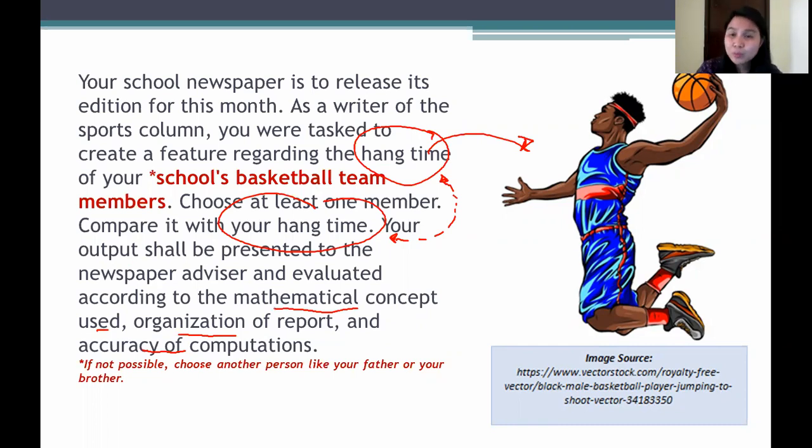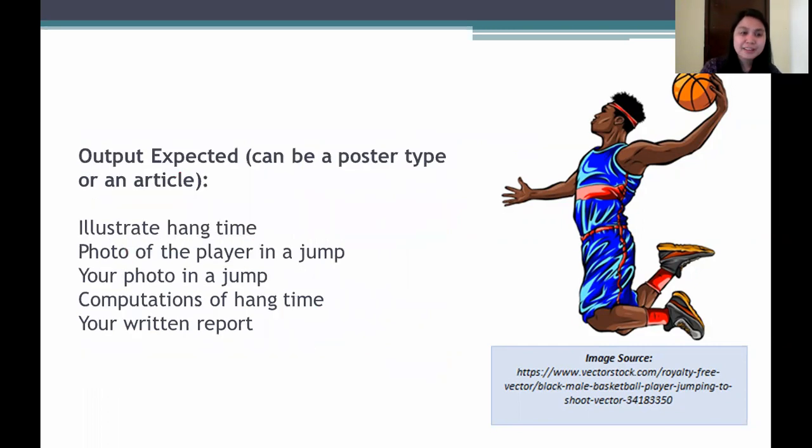Now, what will I expect from your output? The first one is you illustrate what hang time is. Then you will have the photo of the player in a jump. You need to shoot, okay?